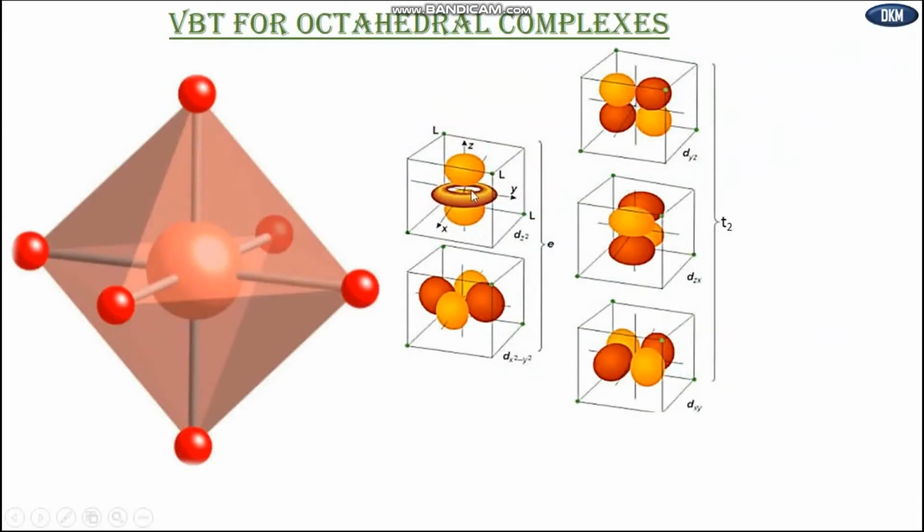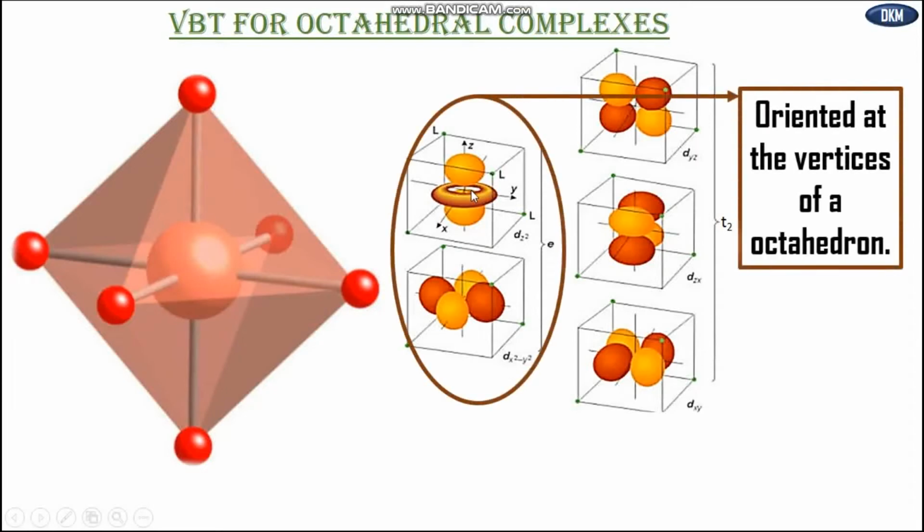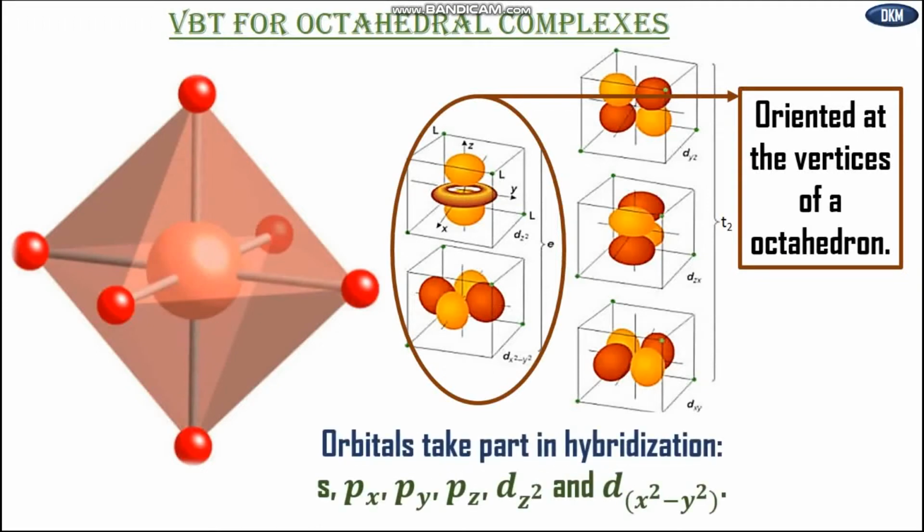Only dz square and dx square minus y square orbitals are oriented at the vertices of an octahedron, and because of that they take part in hybridization. Overall, orbitals taking part in hybridization are s, px, py, pz, dz square and dx square minus y square.